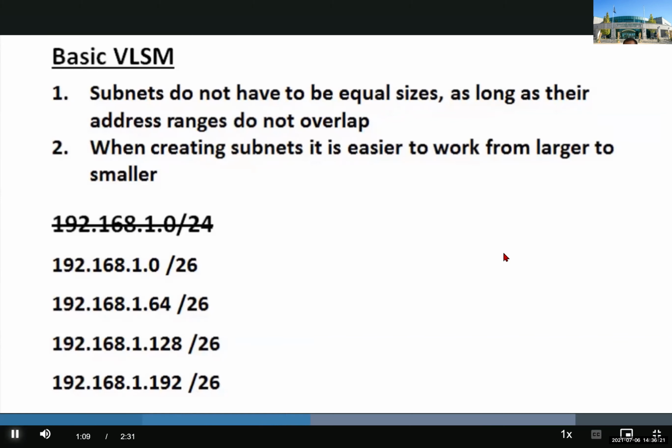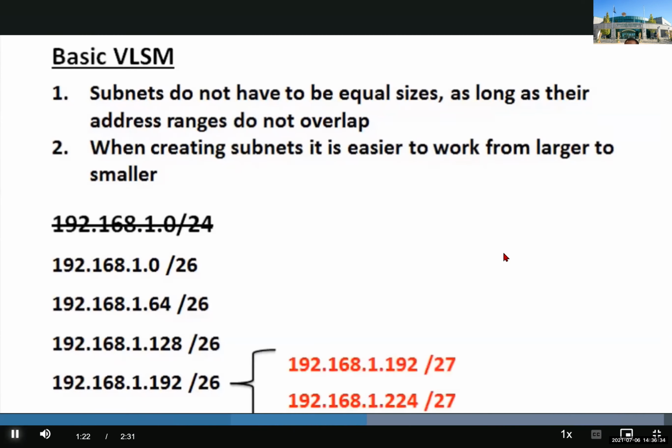For instance, I could take this 192.168.1.192 subnet. The address range for this subnet goes from 192 all the way up to 255. What I can do is I can say, instead of having this subnet /26, what if I take that address space and divide it into 2 smaller subnets, size /27 each?